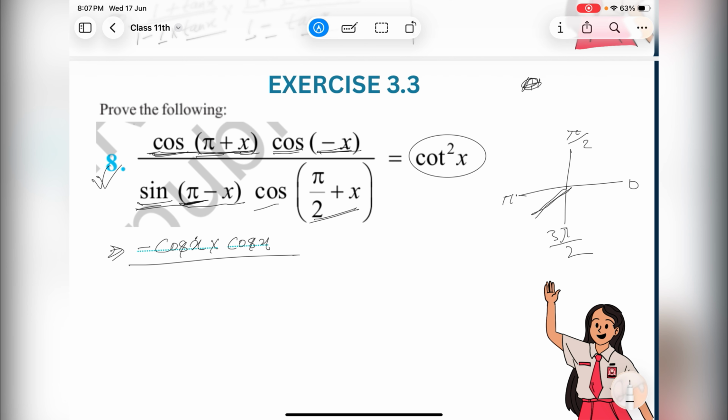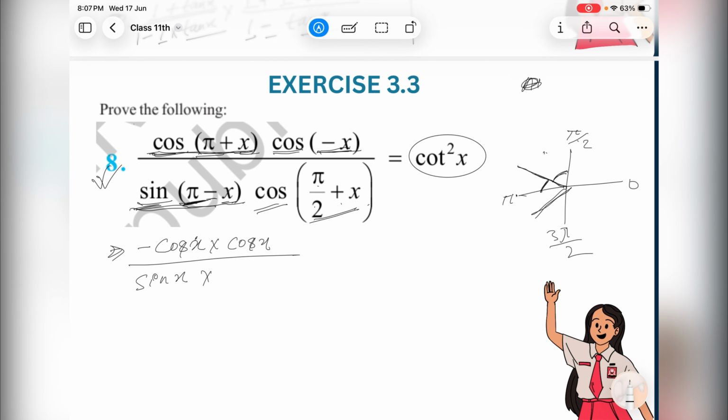Now we have sine(pi minus x), so pi minus x. In the second quadrant sine will be positive, and when we make any angle with respect to the x axis, this function will not change and it will be sine x. Okay, sine will be positive here, into cos(pi by 2 plus x), so pi by 2 plus x.